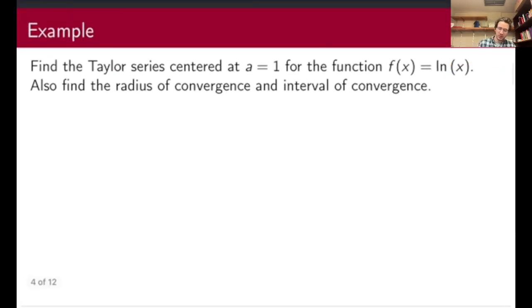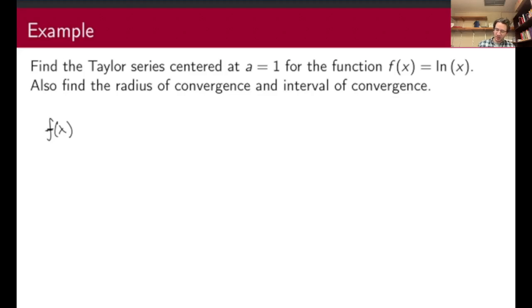Okay. So the way to approach this problem, actually, there's a couple of different ways. There is a way to do this from geometric series stuff that we've talked about before, but we want to do this using the Taylor series idea.